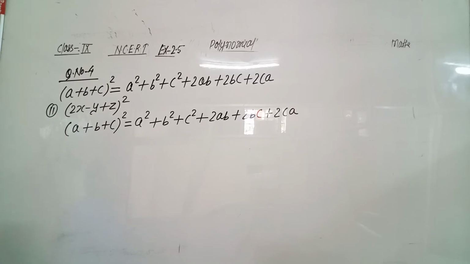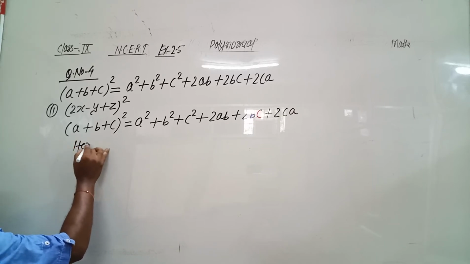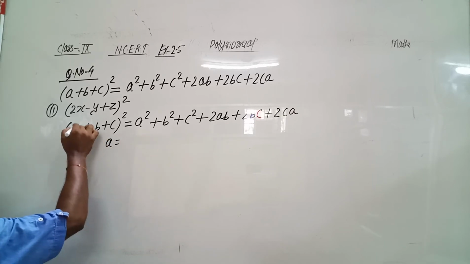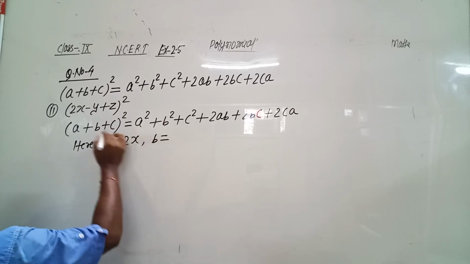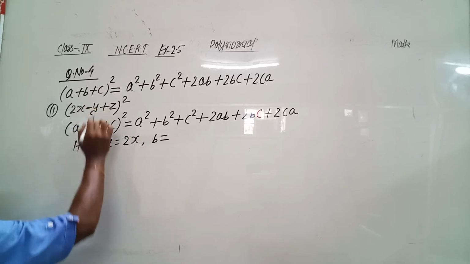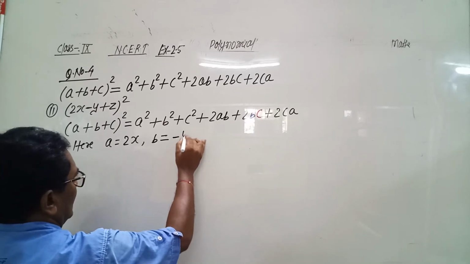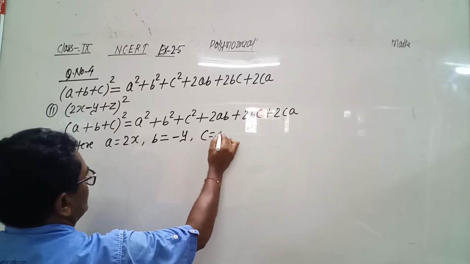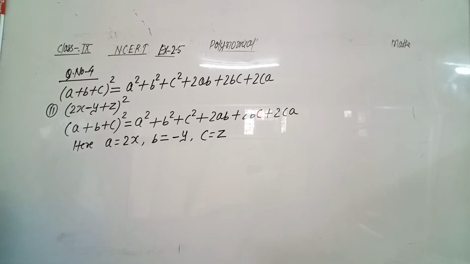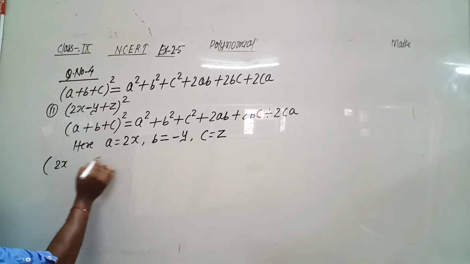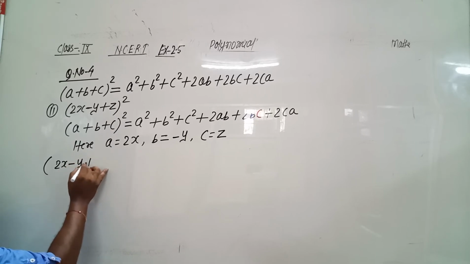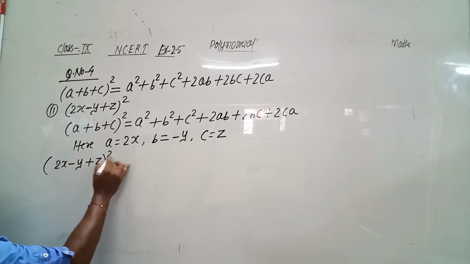Now we have to write the values of a, b and c by comparing with the formula. Here the value of a is equal to 2x, the value of b is equal to minus y, and the value of c is equal to z. So we write 2x plus b means minus y plus c means z, the whole square.